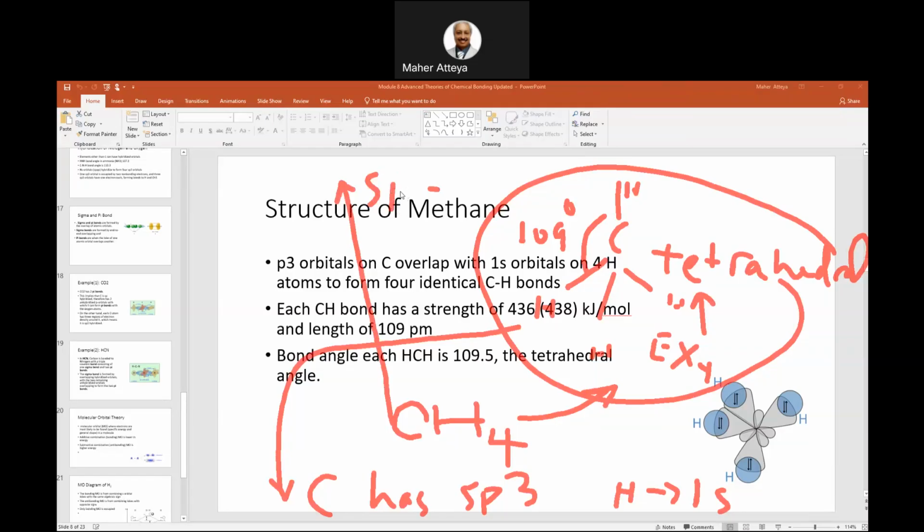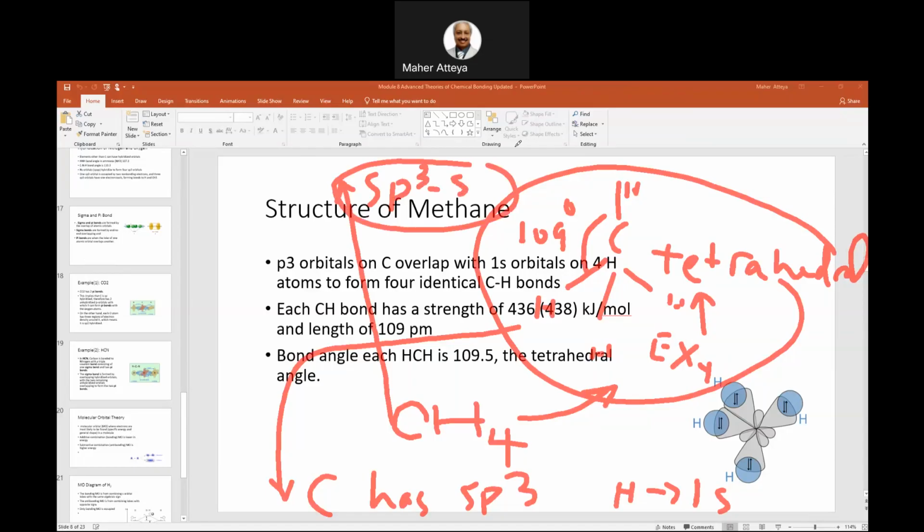So this is sp3-s. The hybridization of methane is sp3 from the carbon, and s from hydrogen.